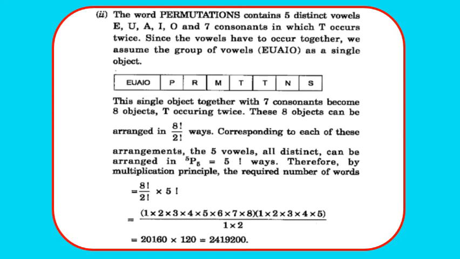So the total number of ways will be 8 factorial upon 2 factorial. Now all the 5 vowels can be arranged in 5 factorial ways. So using the multiplication principle, the total number of ways in which all the vowels come together will be 8 factorial upon 2 factorial into 5 factorial, which on simplification gives 2419200.